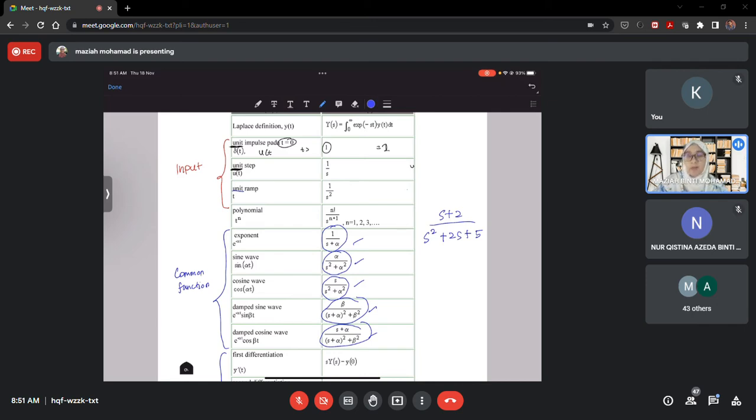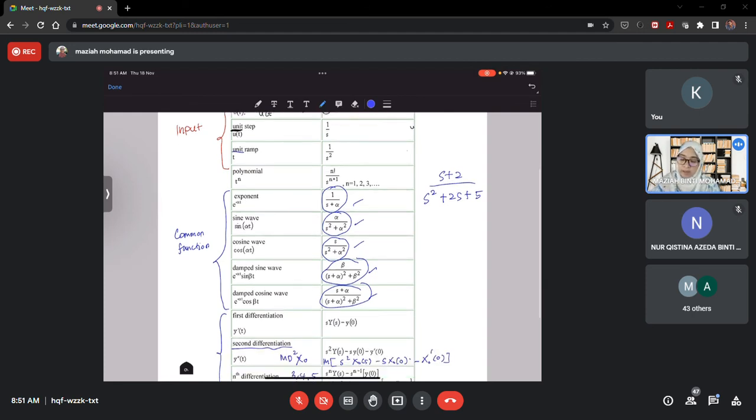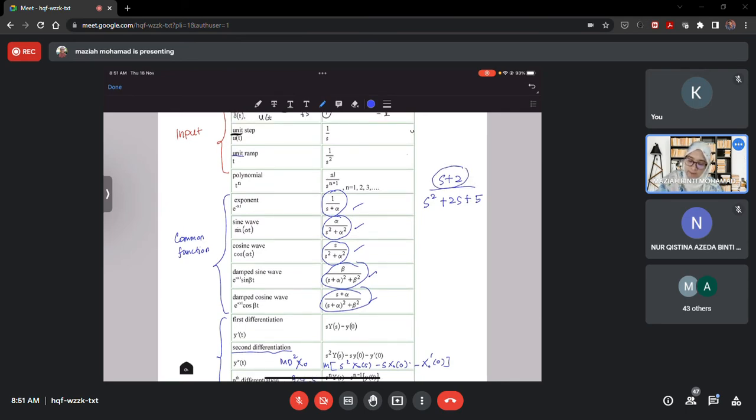So basically, we need to manipulate a little bit such that it will be similar to the standard function here. We can see the numerator we have s plus 2, so it is similar to this one here, s plus 2. So let's try with this function here.